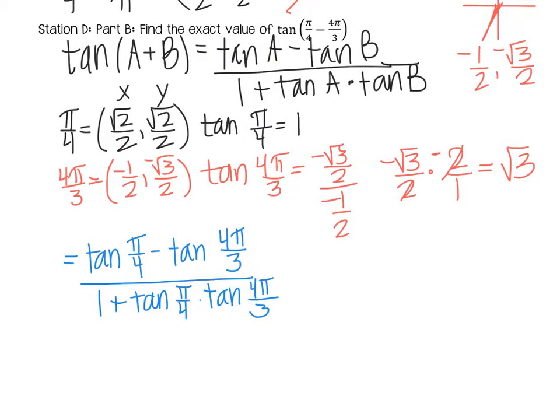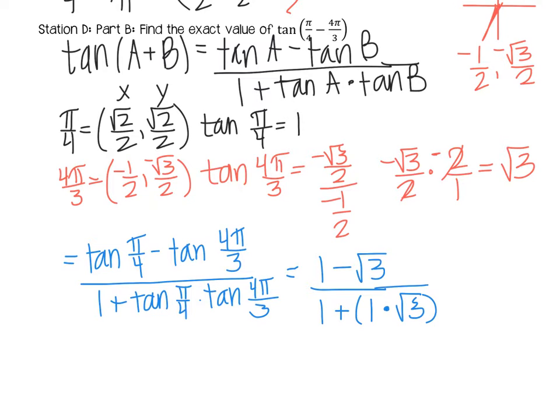Okay, so now I'm going to fill those numbers in. So again, I know the tangent of pi over 4 is equal to 1, minus the tangent of 4 pi over 3, which is root 3, all over 1 plus the tangent of pi over 4, which is 1, times the tangent of 4 pi over 3, which is positive root 3.